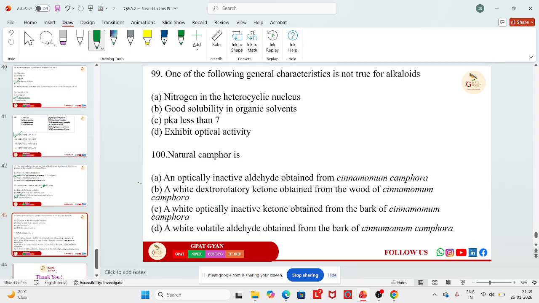Ma'am, C? Yes, C. pKa less than 7 is not true because they are not acidic. Alkaloids are basic in nature because of the lone pair of nitrogen. And the last one is natural camphor. Natural camphor is a white dextrorotatory ketone, obtained from the wood of Cinnamomum camphora.